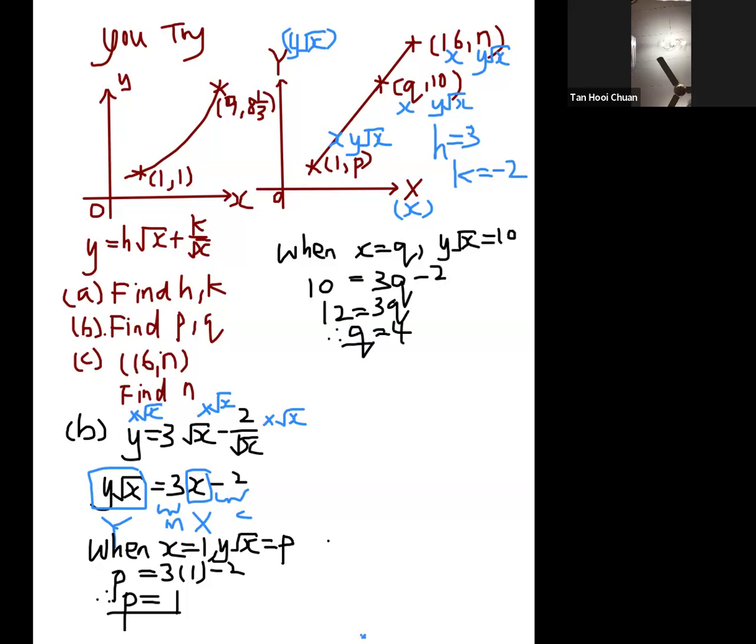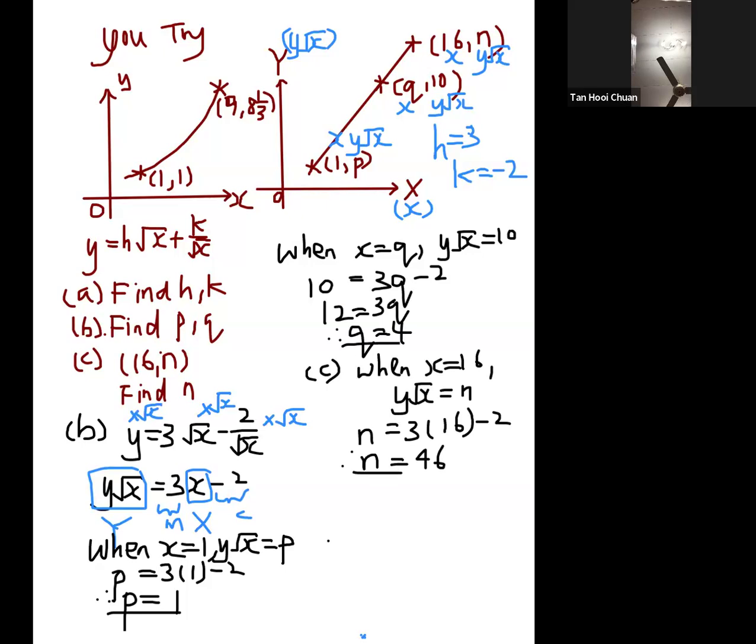And the next one, part C. When x equal to 16, y with x equal to n. So n equal to 3 times 16 minus 2. 48 minus 2 is 46. This is the answer. And then no more already.